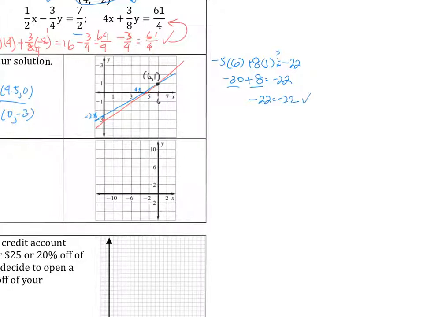So check. And for the other one, the equation is 3y, so 3 times 1 minus 2 times x, which is 6. We have to find out if that equals negative 9. 3 minus 12, and yes it does. Check.